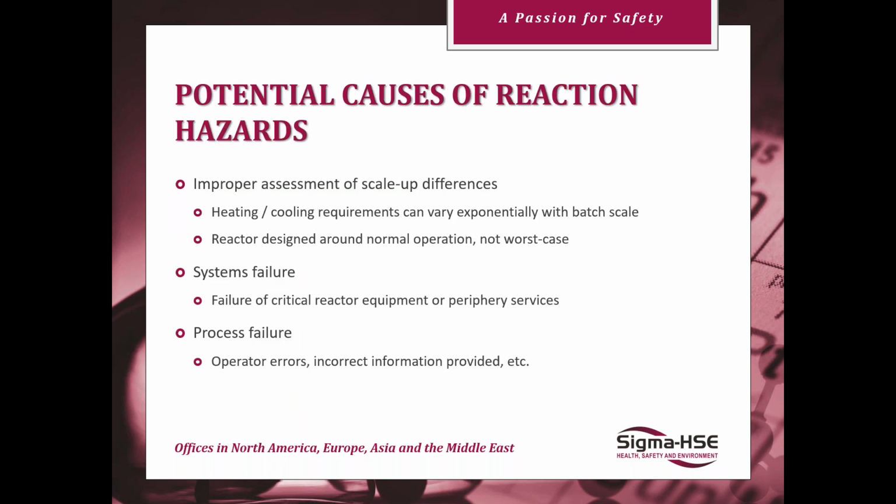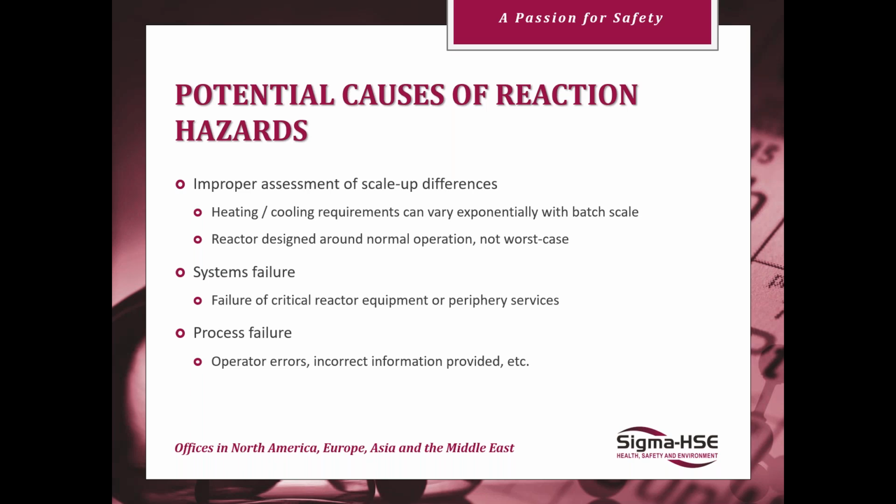So we're on to potential causes of reaction hazards. Again, like we've just been going through, improper assessment of scale-up differences. Heating and cooling requirements can vary exponentially with batch scale. A reactor can be designed around normal operation, not worst case. So this can come into the safe envelope of operation that we were just talking about.